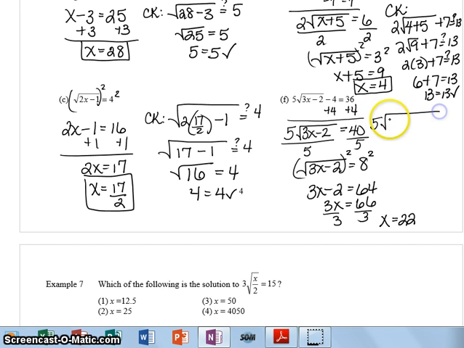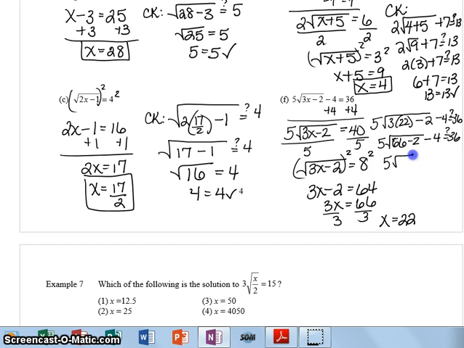So 5 times the square root of 3 times 22 minus 2 underneath the radical. Just taking up a lot of space there. Minus 4, checking to see if it's equal to 36. So I get 5 times the square root of 66 minus 2, minus 4, is it equal to 36?